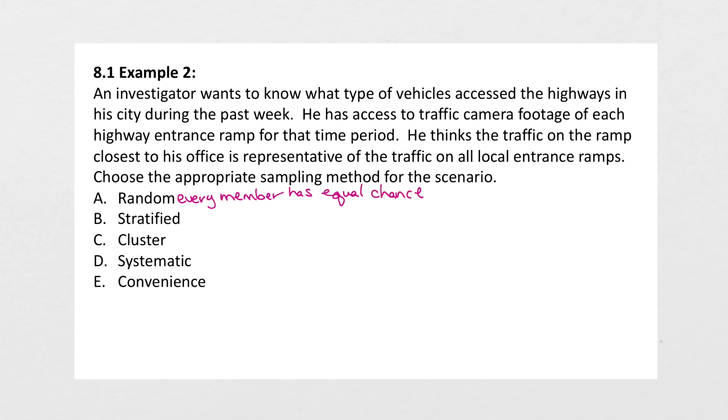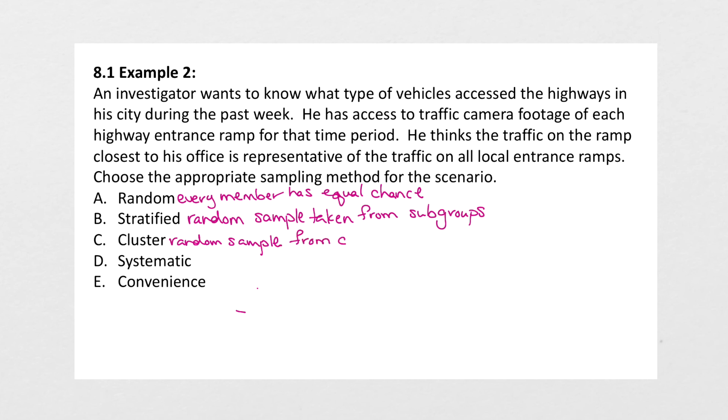Stratified is a random sample taken from subgroups. A cluster is a random sample from clusters similar to the population.